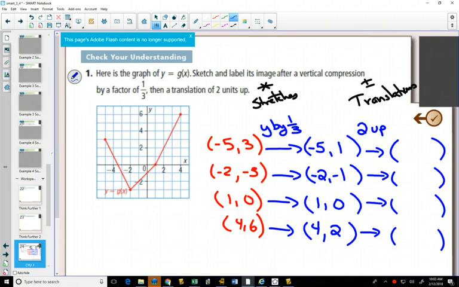Then we move everything 2 up. Y value up 2, up 2, up 2, up 2. So we can look, where are our new points? Well, we've still got -5, 3. Now we have -2, 1, 1, 2, and 4, 4.